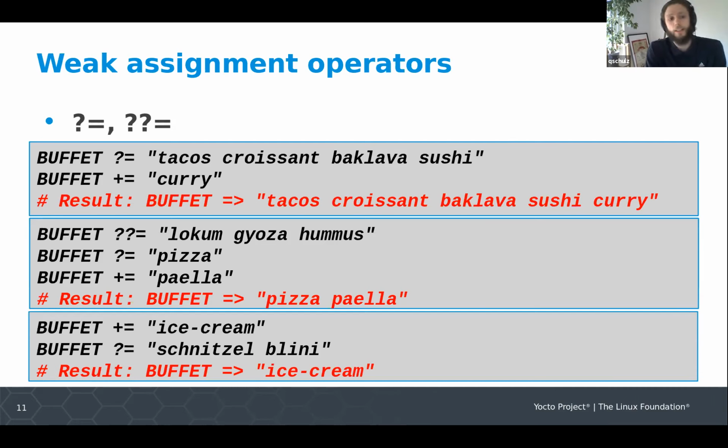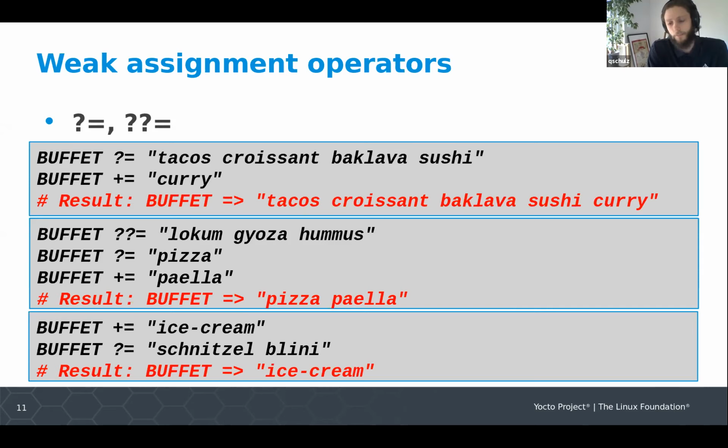If you then have a weak assignment, in that case pizza, then pizza is going to be taken and not the lokum, gyoza, hummus. And one important thing to understand is that the weak assignment works only before anything else has been done.